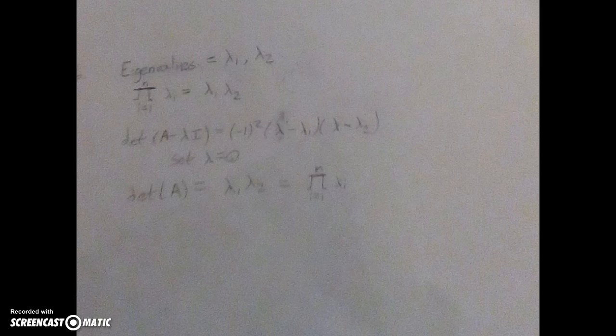So next, you're going to act like you're solving for the eigenvalues. So you say the determinant of A minus lambda times the identity matrix. And then when you do that, you're going to get minus 1 squared times lambda minus lambda 1 times lambda minus lambda 2. And this is just the solution to a second degree polynomial.